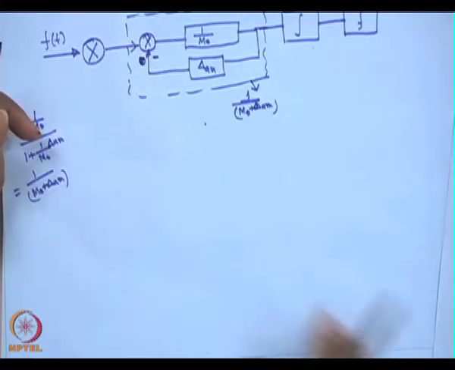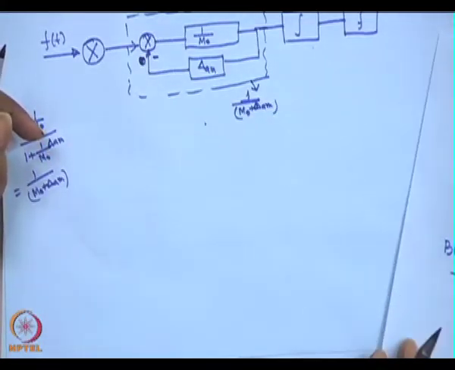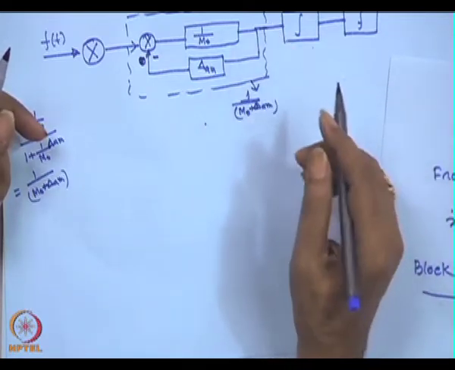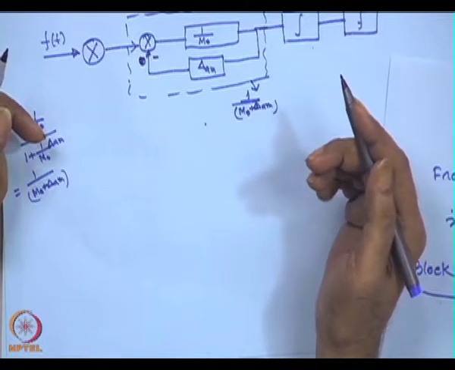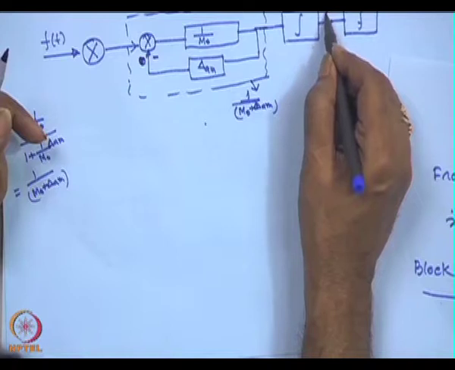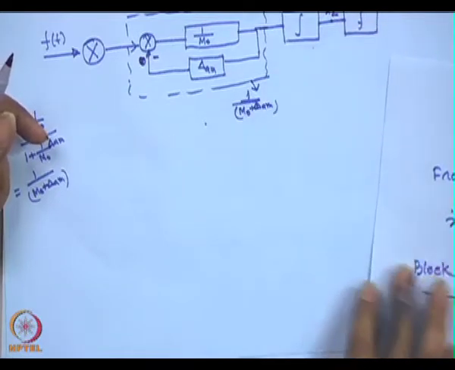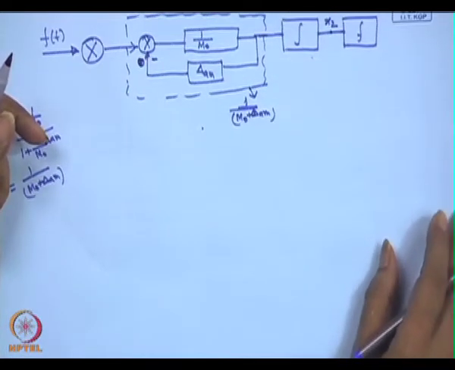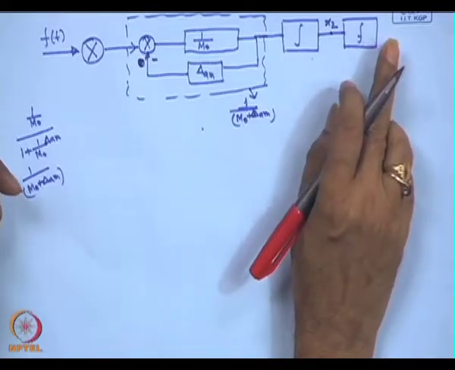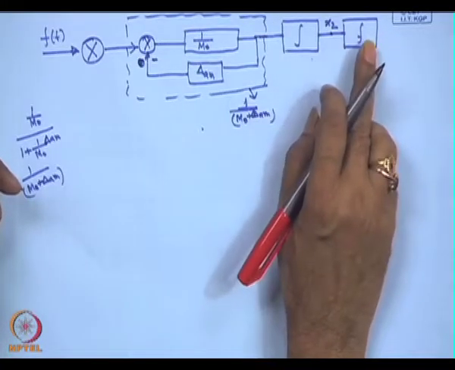Then what do you need? I need the information on how x 2 and x 1 are related. X 2 is the derivative of x 1.